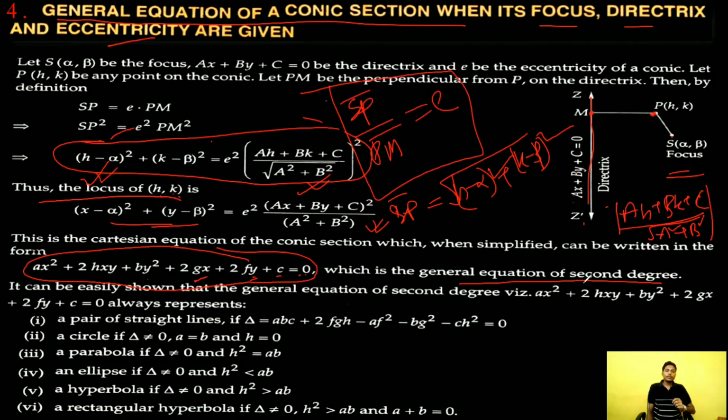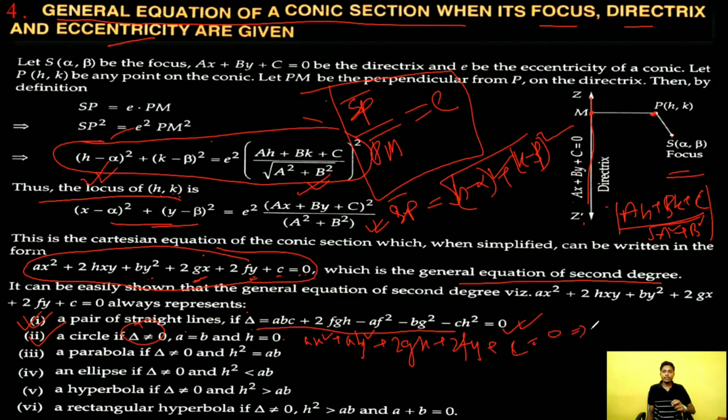Now this equation will represent a pair of straight lines if delta is equal to 0, and represent a circle if delta is not equal to 0 and a is equal to b and h is equal to 0. Then we will have ax square plus ay square plus 2gx plus 2fy plus c is equal to 0.